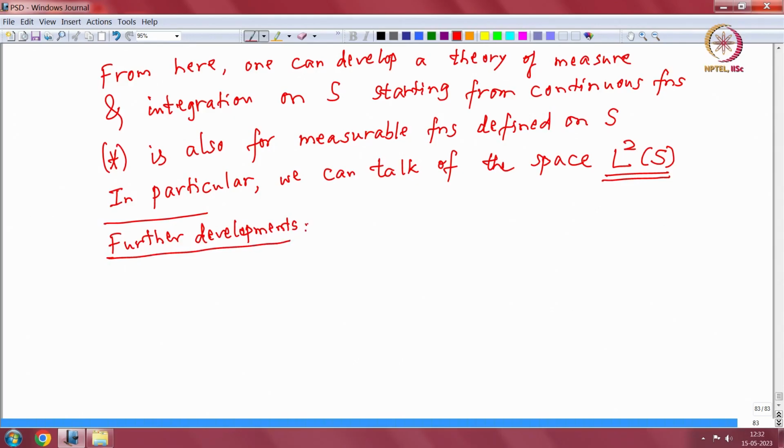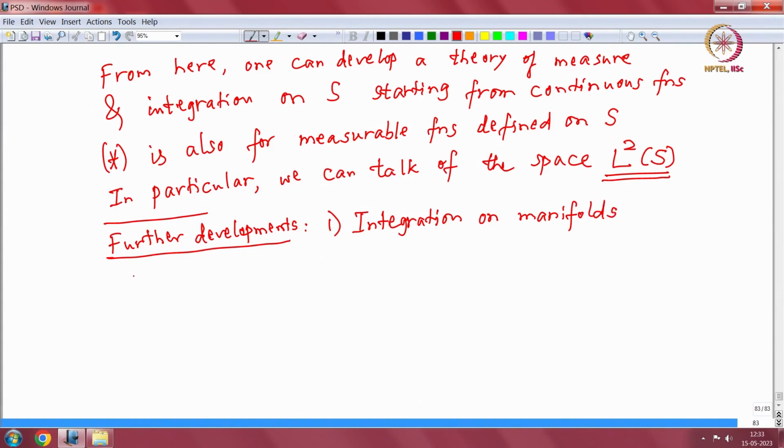Once we develop this measure and integration theory, we can talk of distributions. But first, integration theory on manifolds. These manifolds are more general than surfaces.